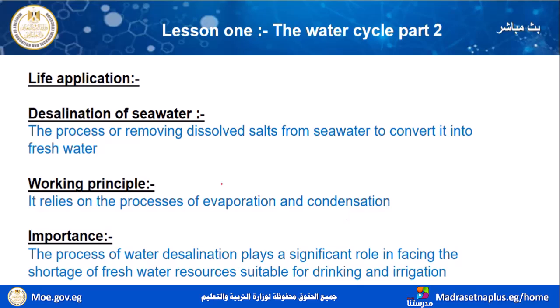This process is called evaporation. Then when water vapor touches the glass, it will lose its temperature and return back to liquid, and this is called condensation. So the working principle of the desalination of seawater relies on the processes of evaporation and condensation.